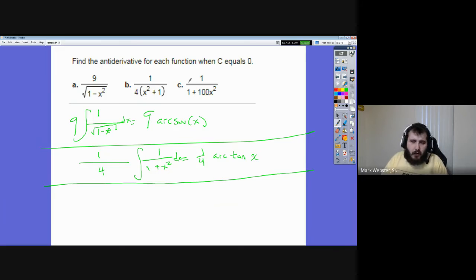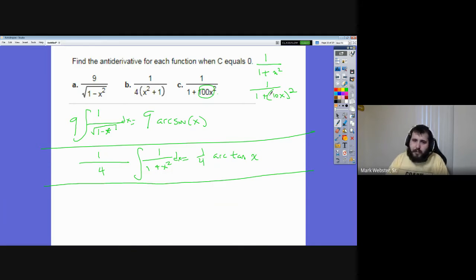And then here, okay, so with this one, here's where this one is annoying. It's because it's sort of out of format. It should be 1 and then 1 plus u squared. Well, what is u squared? We need to rewrite this so that it's something squared. So this 100 times x squared, we can rewrite that as 10x, the quantity squared. So again, chain rule thing we have to deal with.